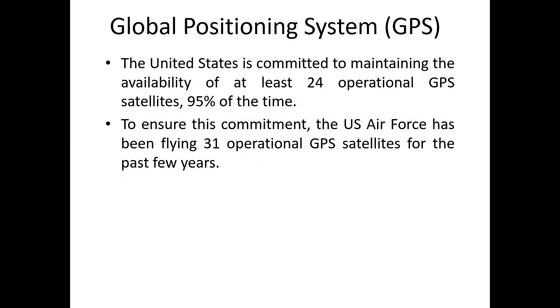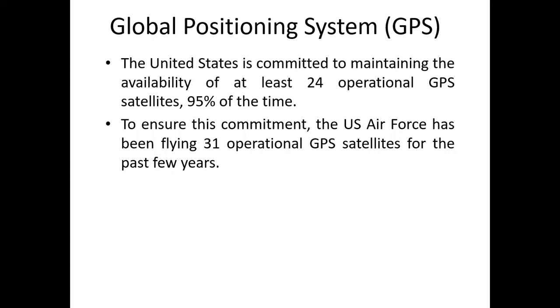The United States is committed to maintaining the availability of at least 24 GPS satellites. But oh, I'm sorry, I made a little mistake. I wanted to write here 30. Currently, there are 30. Previously, there were 31, but currently they have 30 satellites.